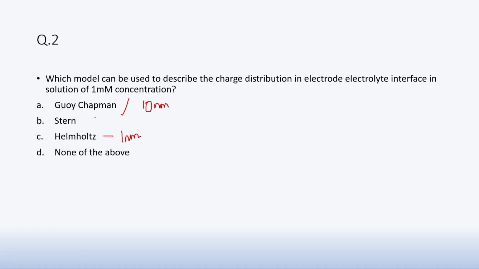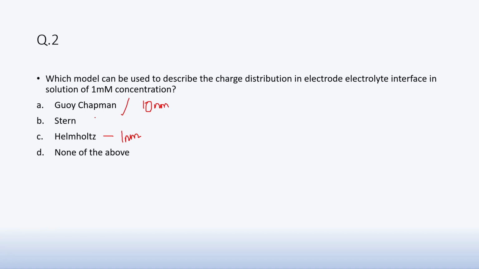Now, when the solution concentration is very small, here 1 millimolar, 0.001 molar, what happens? It is difficult for the ions to come immediately from the bulk solution and get adsorbed on the electrode.